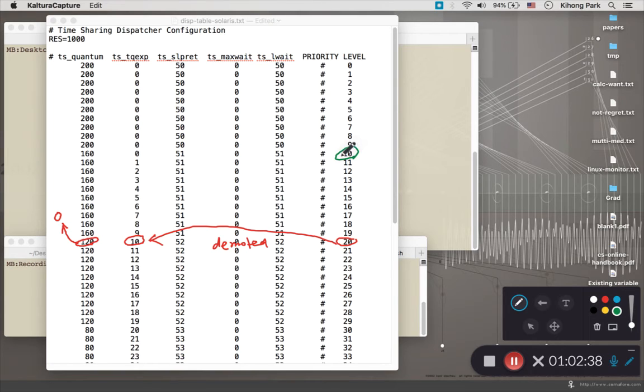But at 10, what is its new time slice? Go up the row. Its time slice is 160. So the time slice has increased from 120 to 160. So although the priority has decreased from 20 to 10, the time slice has increased because this guy is deemed to be more CPU bound by the fact that it used up its time slice.